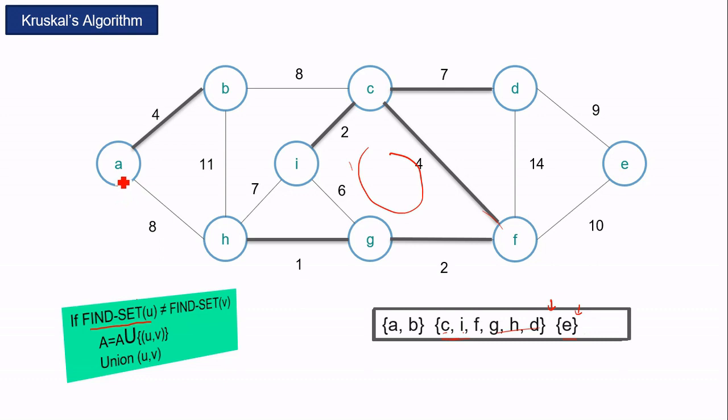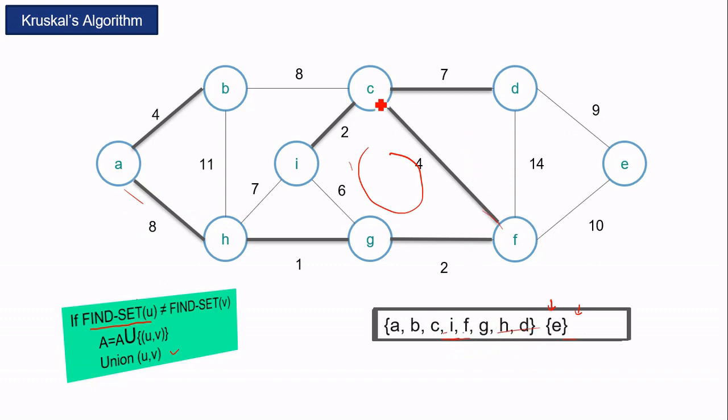Find the set of A, it is in set 1, and H is in set 2. So they are disjoint sets, so definitely I can add AH. After adding this edge into the minimum spanning tree, I will perform the union of these two, so entire A, B, C, I, F, G, H, D will form a single set after the union operation.